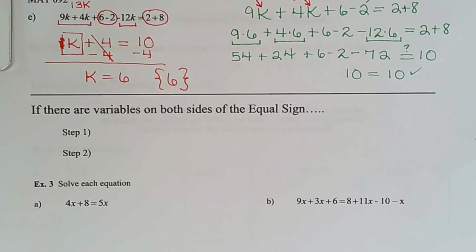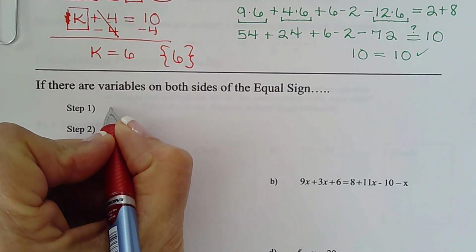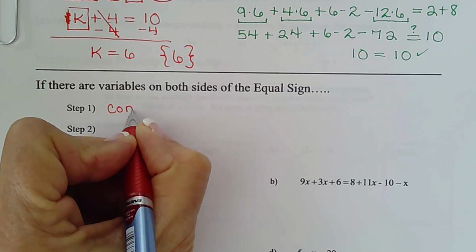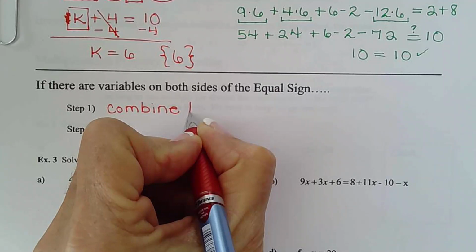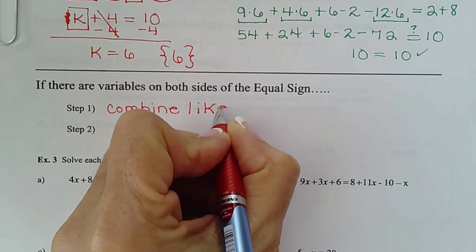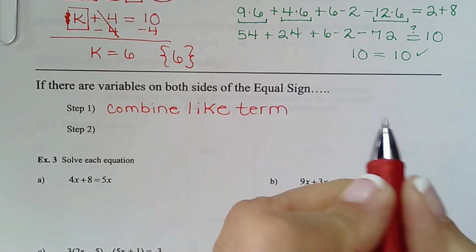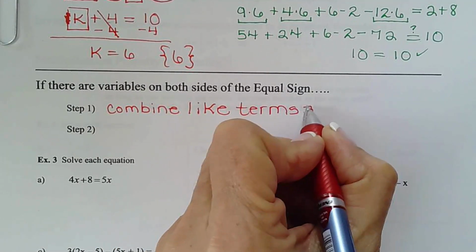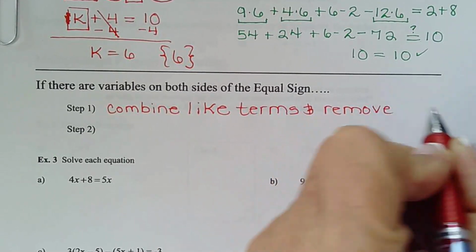Okay, so if there are variables on both sides of the equal sign, step 1 is combine like terms on both sides. Always step number 1. And remove parentheses on both sides.